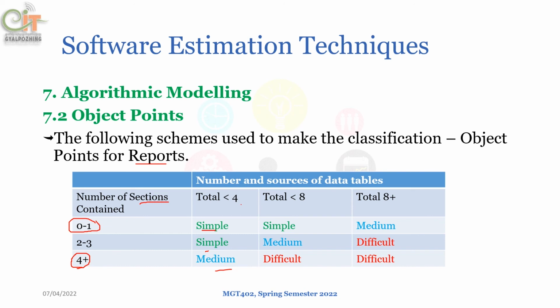Similarly for other data tables, like less than 8 and more than 8, it will be simple, medium. The pattern is the same as the one that you have seen for the screen. Just the thing that's different is the number of sections and views in report and screen respectively.